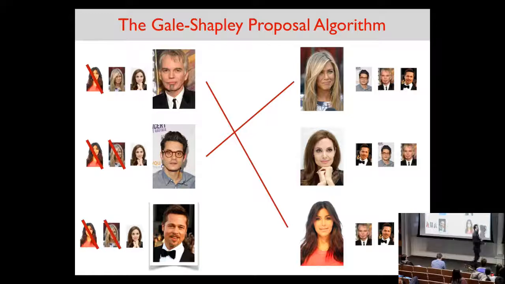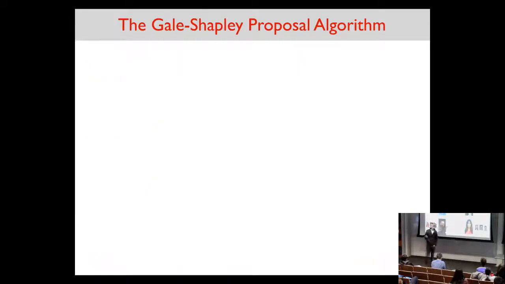He crosses Jennifer off his list. Brad Pitt is still the only one left unmatched, so he proposes to the person left, Angelina Jolie, and Angelina is super happy because it's her first choice. So they get matched, and we're done. When everyone is matched, the algorithm stops. Okay, so that's the algorithm.